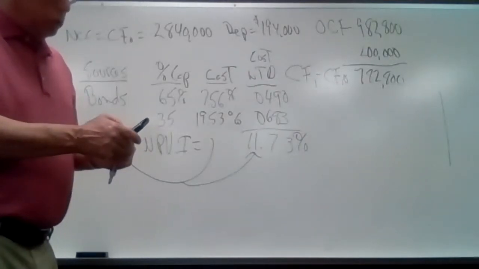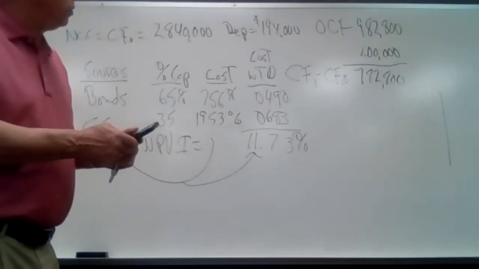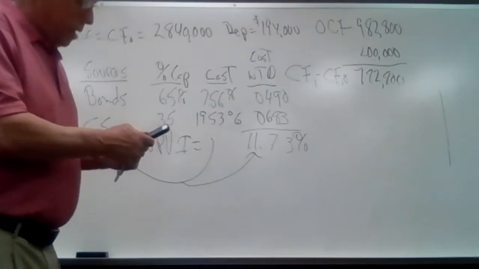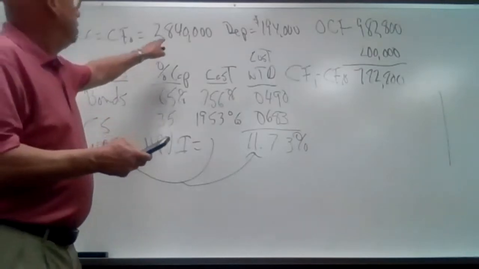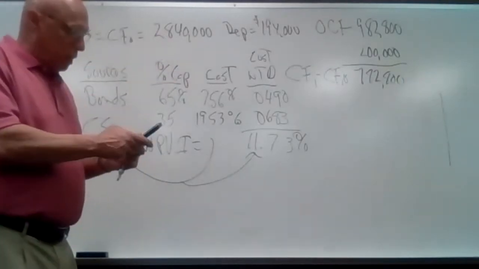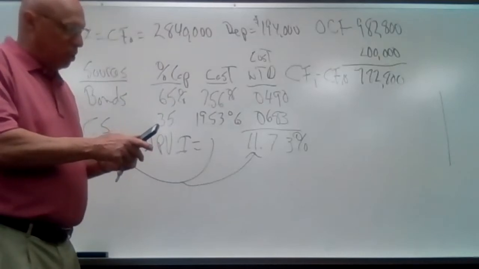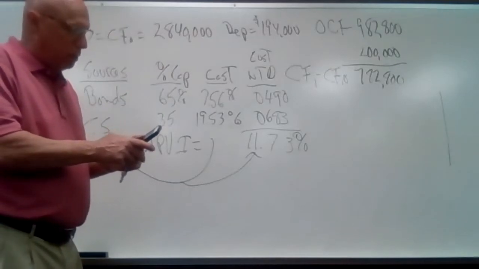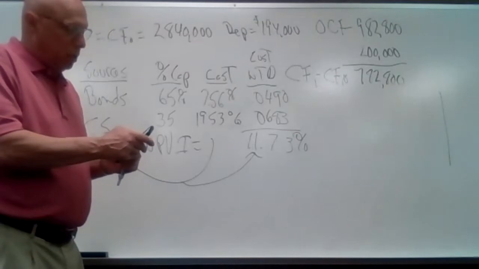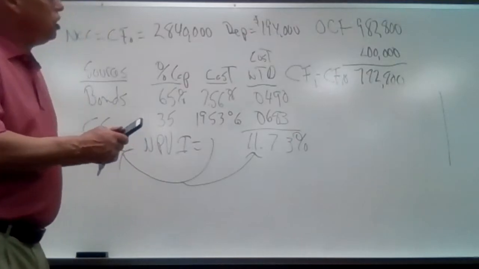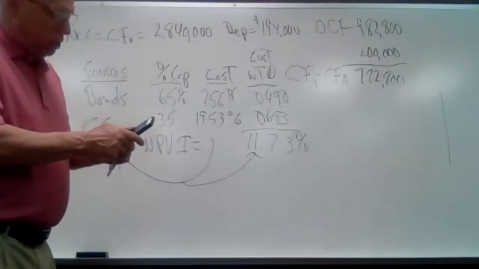Cash flow key, scroll, hit the down arrow 3 times, we're good to go. All right, so CF0 is equal to 2,840,000 plus minus. It's a negative. 2,840,000 is what we're spending, so it's a plus minus. Enter, down arrow.